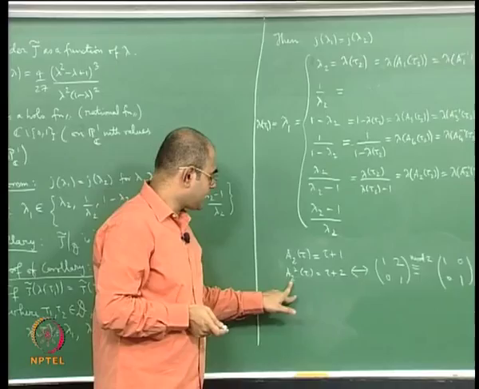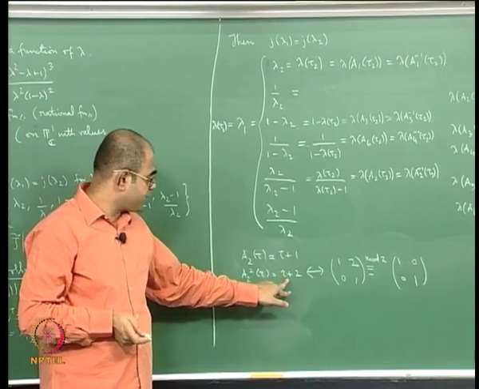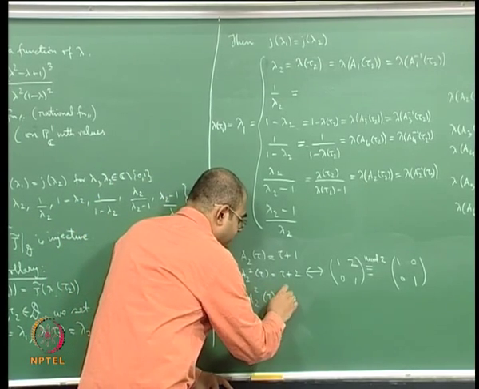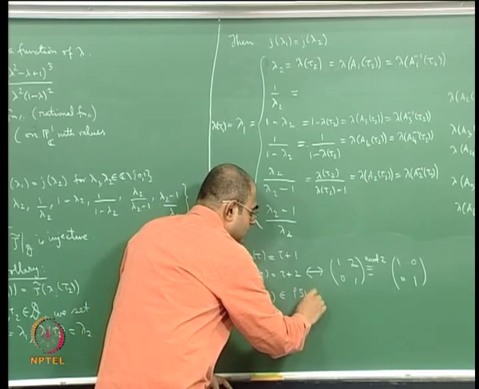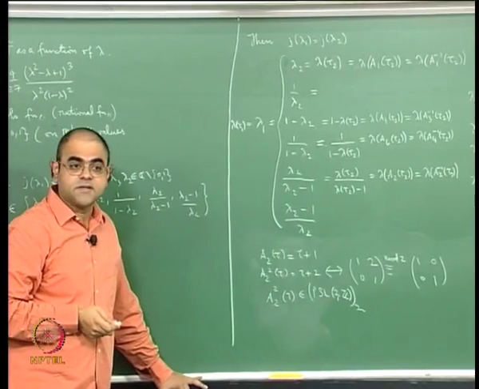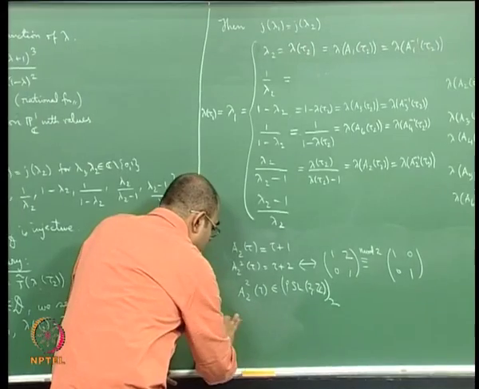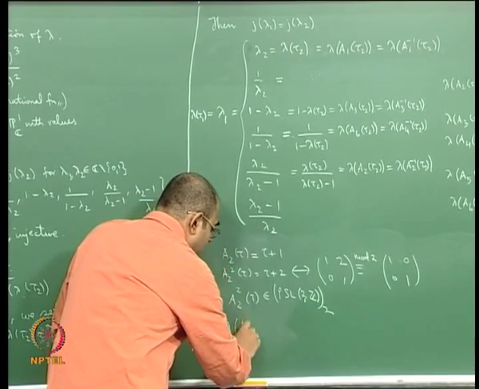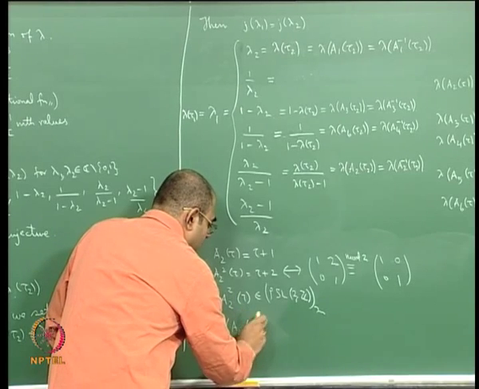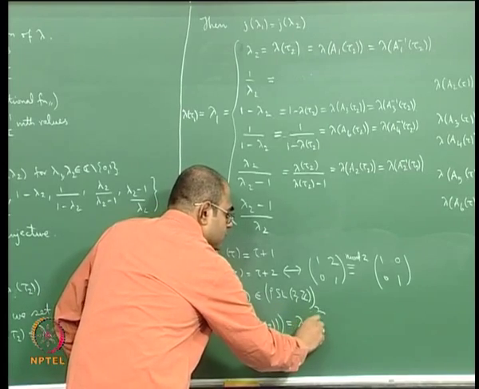So you see, a2 squared belongs to the congruence mod 2 subgroup of PSL 2Z, because it is congruent to the identity mod 2. Therefore lambda of a2 squared of tau, that is lambda of a2 of a2 of tau, is equal to lambda of tau, okay.